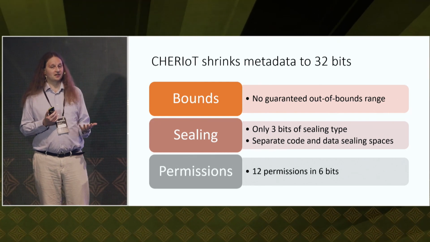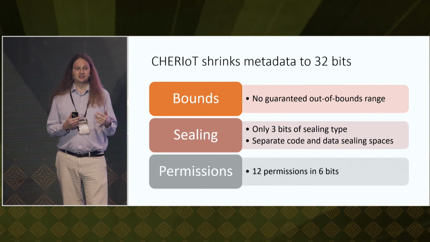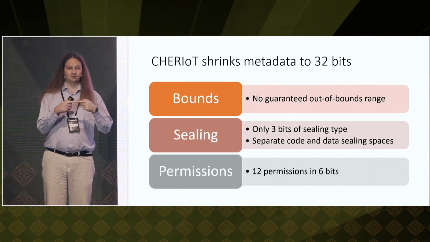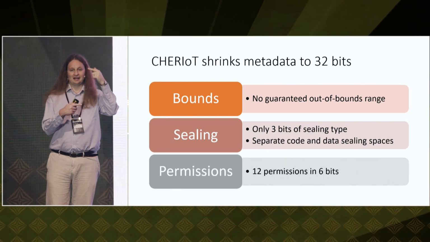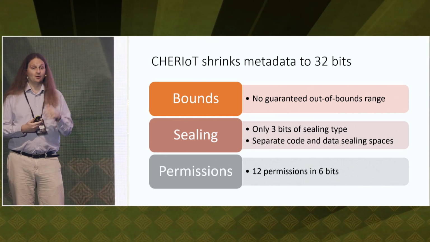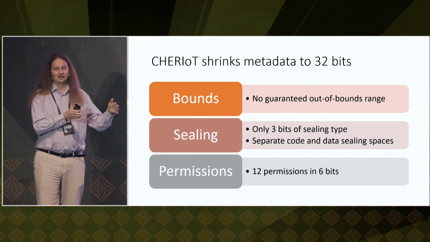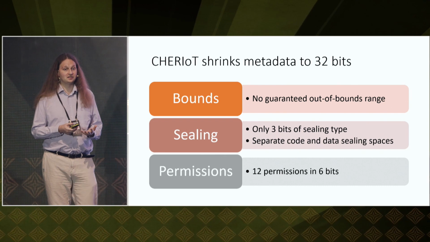So the bounds encoding, it's not quite ideal because there's a lot of redundancy between the base of an object, the top of an object, and the address within that object that a pointer refers to, which allows us to fit effectively 3 64-bit values in less than 128 bits.